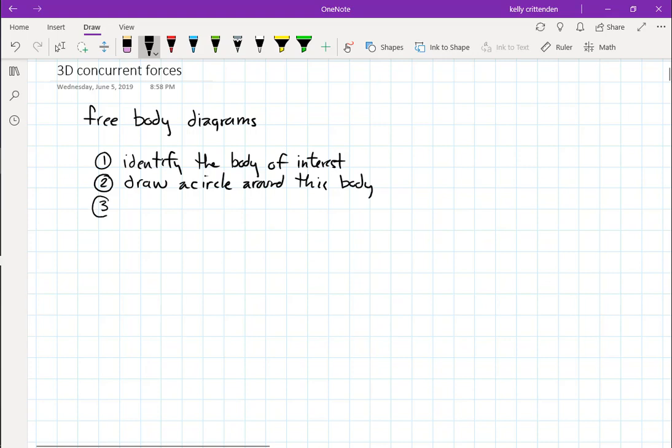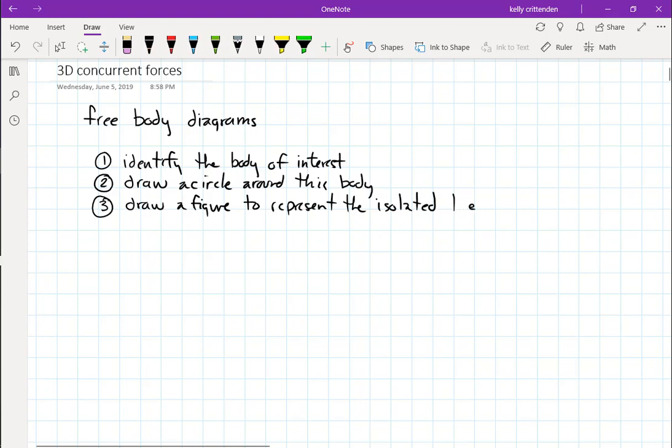Once you've isolated this thing, then draw some kind of figure. You don't have to be super artistic with this, but something that represents the body in its isolated form. So it is floating out in space.